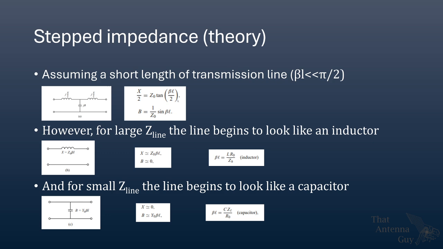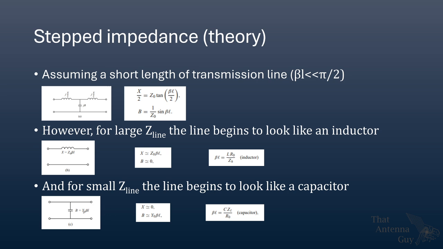And tan of beta L over 2, when beta L is small, approaches beta L. So we can approximate out to say that the impedance of this element here would be Z naught times beta L, and that's going to be a positive impedance when we have values less than pi over 2. So we can actually create an inductor out of that, and we can use the values we had in the last video and do some algebra to solve out for what beta L should be, plug those values in, and get the inductor that we were using in the previous designs.